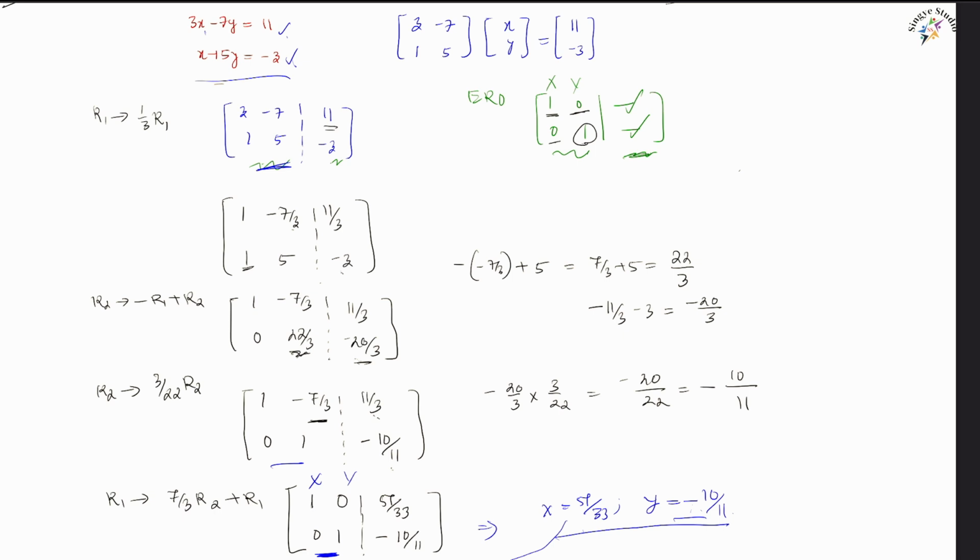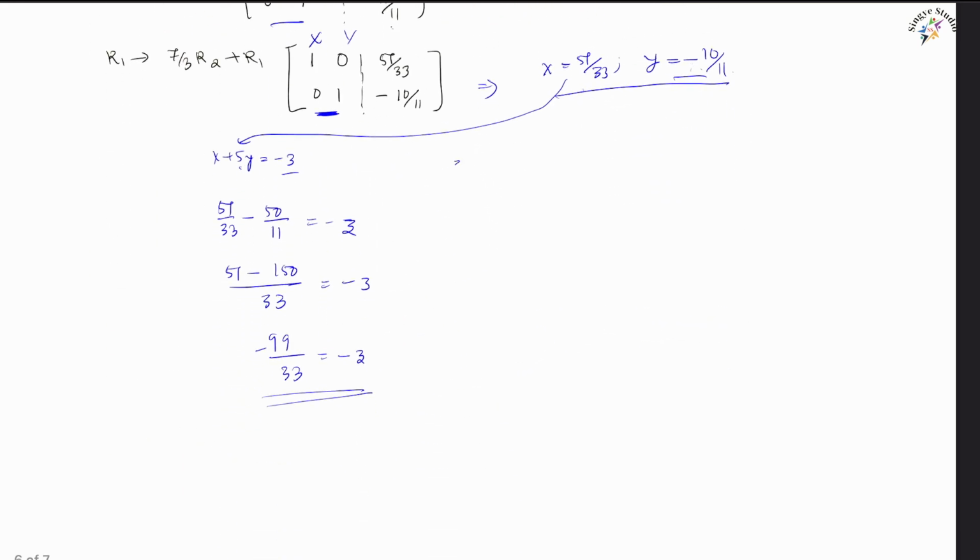3x minus 7y equals 11. So we have 3 times 51, which is 153, divided by 33, minus, and minus times minus is plus, 7 times 10 is 70 upon 11, which should be equal to 11.